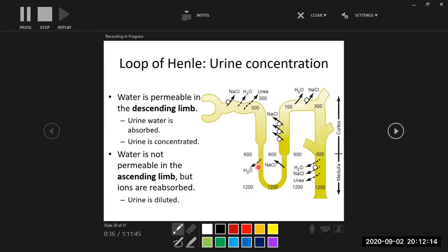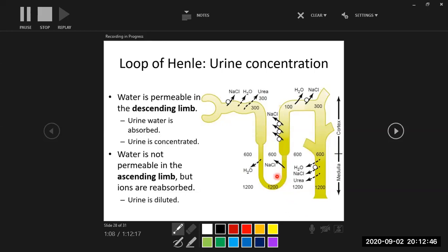And when we have permeability to water, water can get reabsorbed. That's why this co-transporter is so important. If we block it, it means that we will not reabsorb sodium. We affect about 20% reabsorption of the sodium in the medulla.